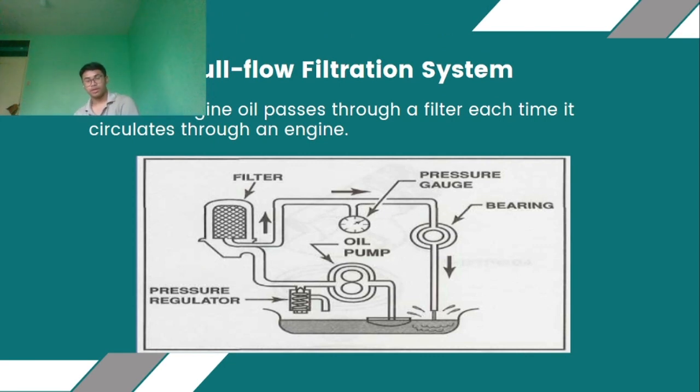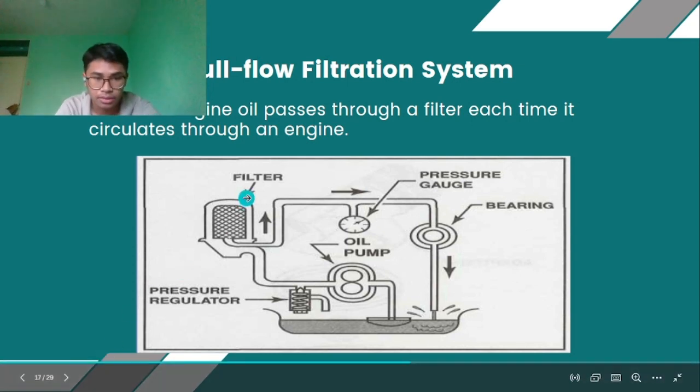So, going back, full flow filtration system. So, all of the engine oil passes through a filter each time it circulates through an engine. So, in this full flow, all of the engine oil, every revolution or every circulation, passes through our filter. So, here is our filter.